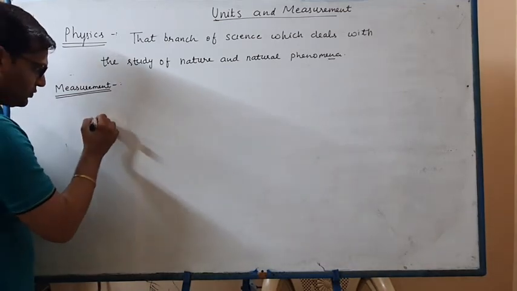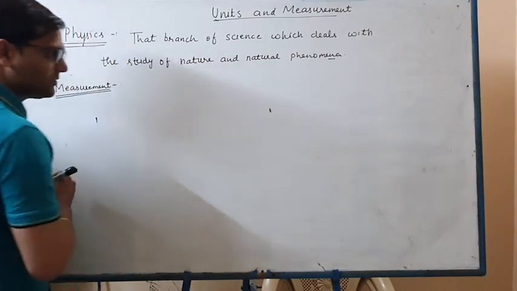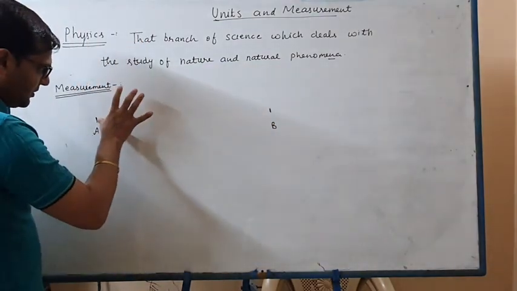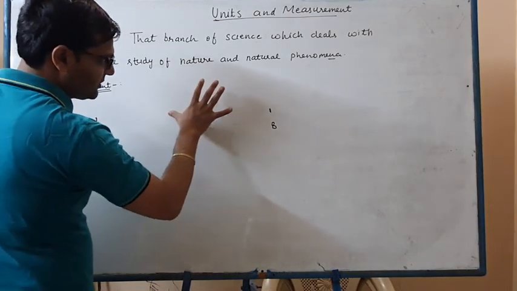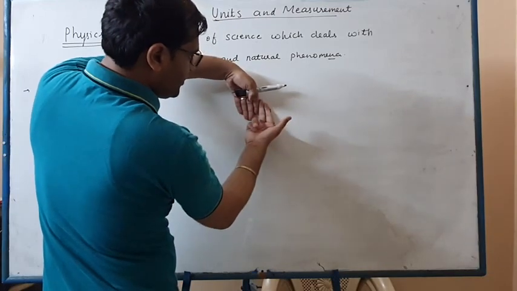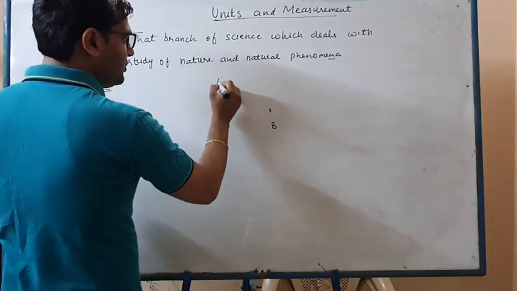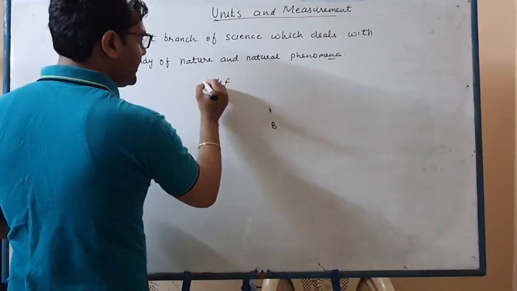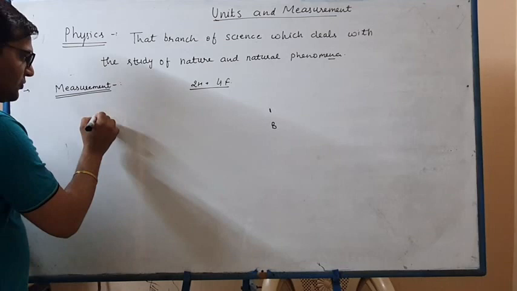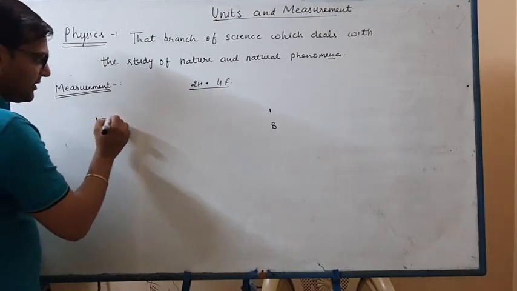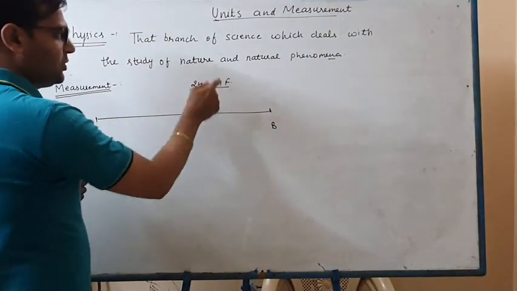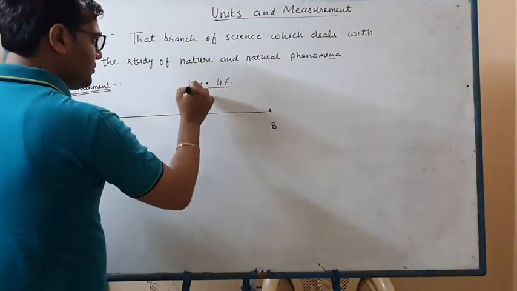Suppose we want to measure this length, A to B. Then we use this method, two hands and 4 fingers. What we are doing here is comparing this length with the help of our hand or fingers. So we are doing the comparison.